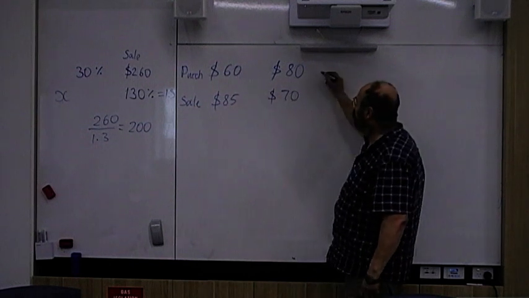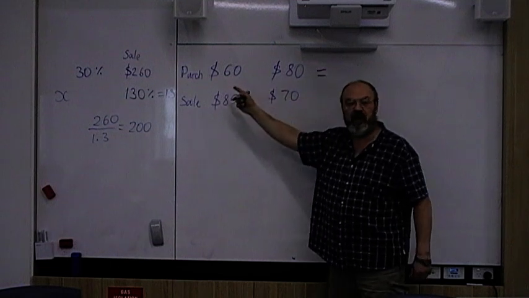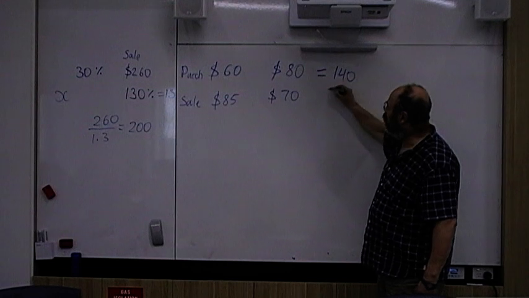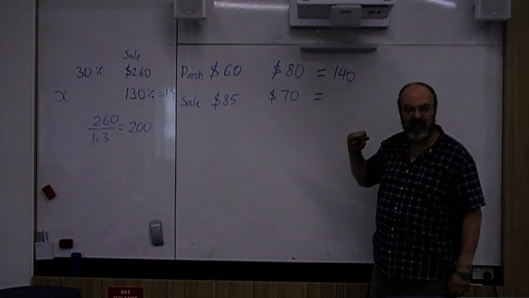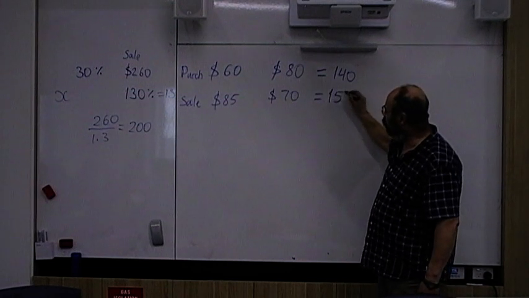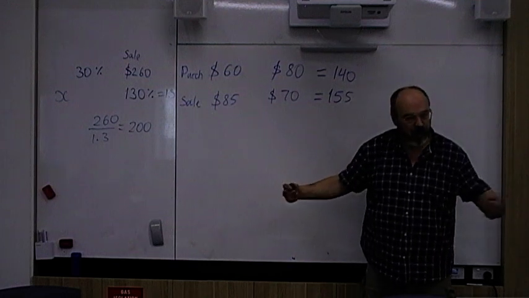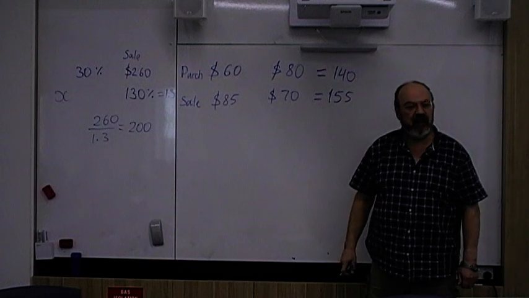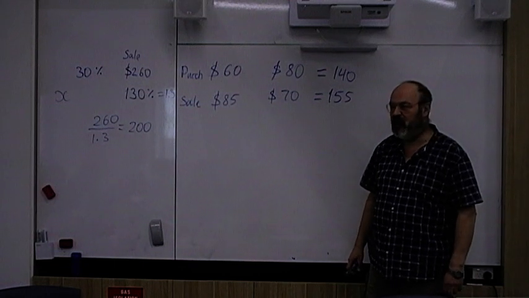So your total purchase, how much you spend to buy it, is $140. How much money did you get? 155. So you got some profit: $15. And what is the percentage profit? How will we find it?